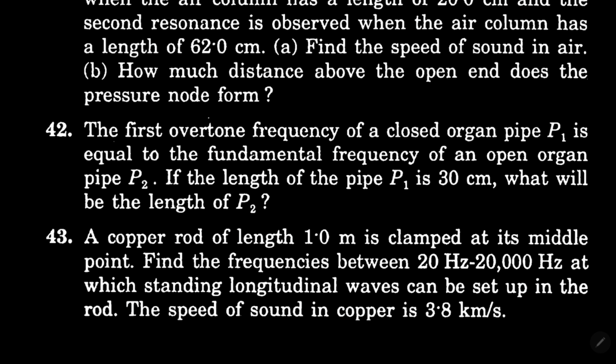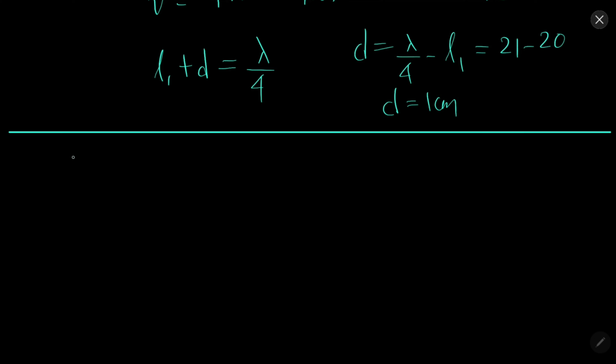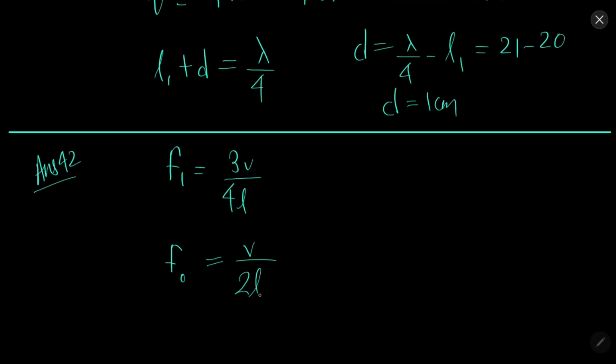In question 42, the first overtone frequency of closed organ pipe P1 is given. If the length of pipe P1 is 30 cm, what will be the length of P2? Solution 42. So according to the question, F1 will be 3V over 4L, the first overtone. And the fundamental frequency of organ pipe P2 is V over 2L2.